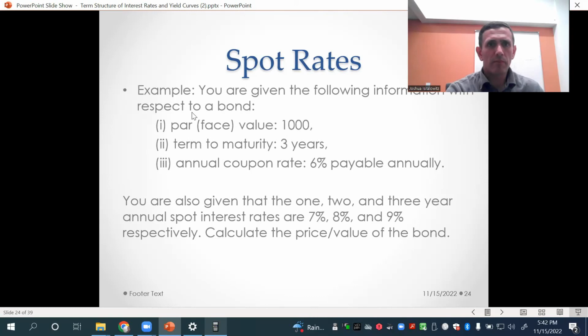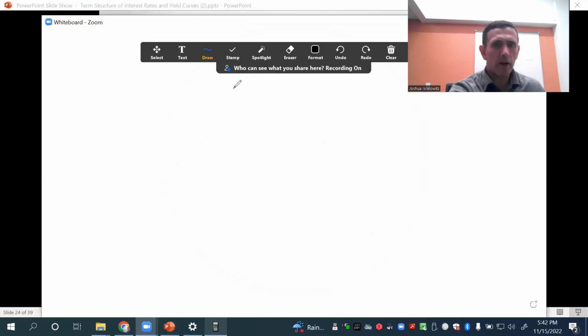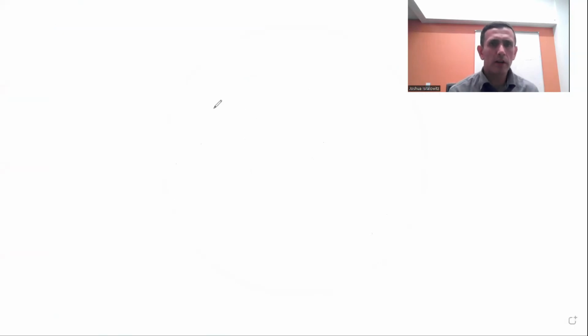So let's just write the time diagram corresponding to this bond and take the present value, figure out what the price is. So the coupon rate, and I should say RT should not be confused with the bond interest rate, so I won't use R for that.